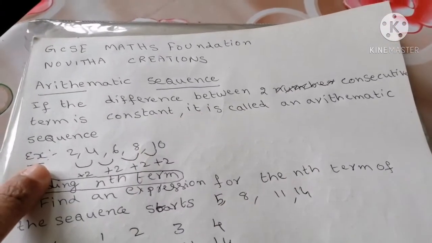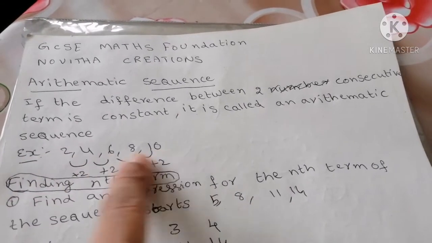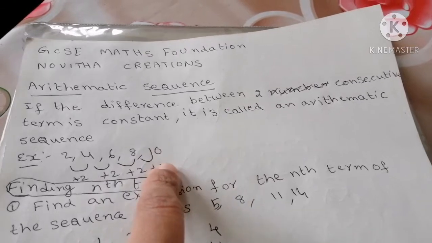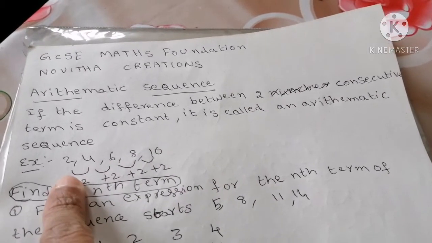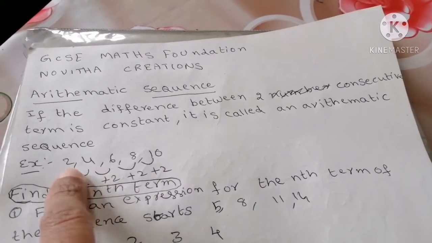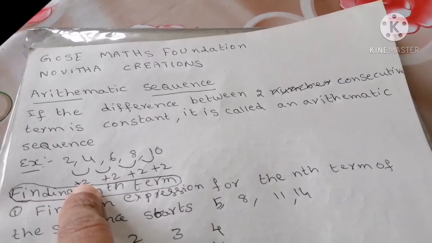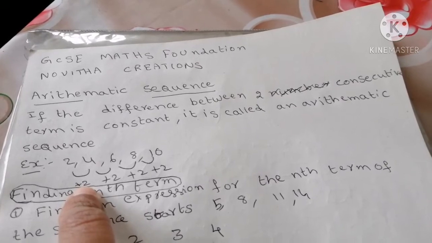For example, there is a sequence 2, 4, 6, 8, 10, and between each and every two numbers the difference is addition 2.